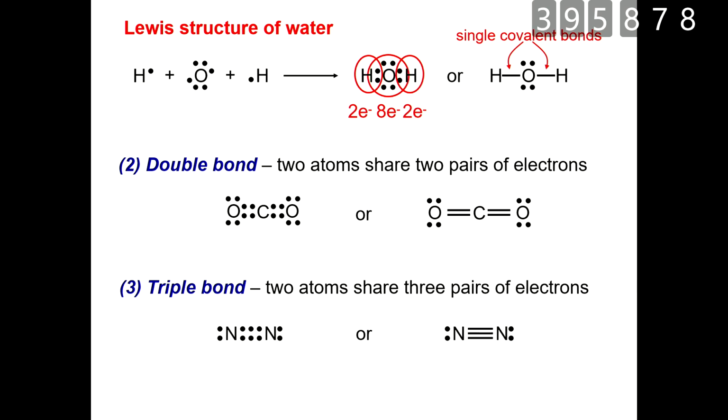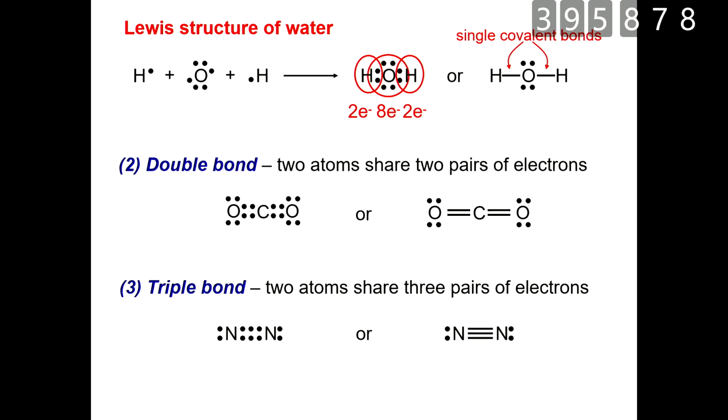For these 2 electrons, one is from oxygen, the other one is from hydrogen. So using this way, the oxygen now has 8 electrons. At first, it has 6 electrons, and then it gets 1 from this hydrogen, and also shares 1 from this hydrogen. So now it has 8 electrons.